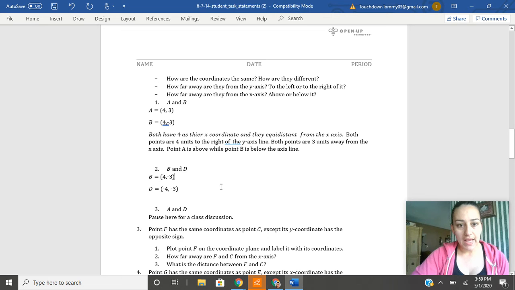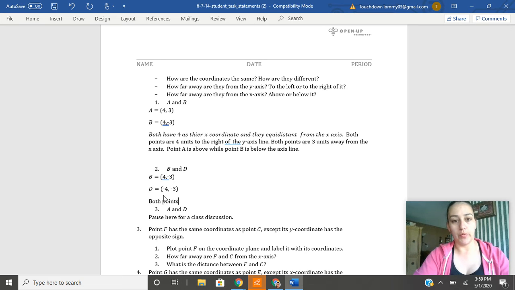There we go. And all right, so again, our questions are these same 3 questions from up above. How are the coordinates the same? Well, in this case, both points have -3 as their second coordinate, in other words, their y coordinate.